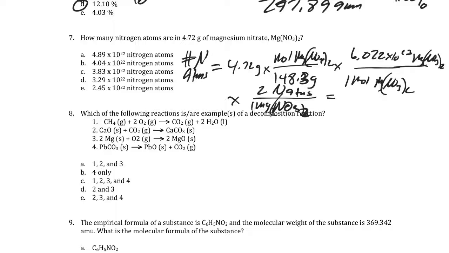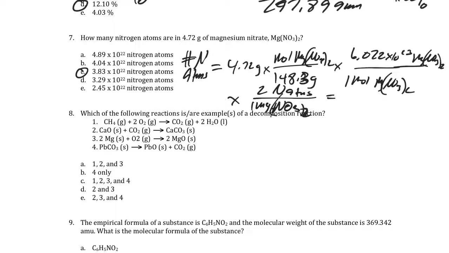So 4.72 grams to moles, divided by 148.3 to get there. So 0.0318 moles times Avogadro's number means we have 1.92 times 10 to the 22 units of magnesium nitrate, and then each one of those units contains 2 N. So we're at 3.83 times 10 to the 22 for C.